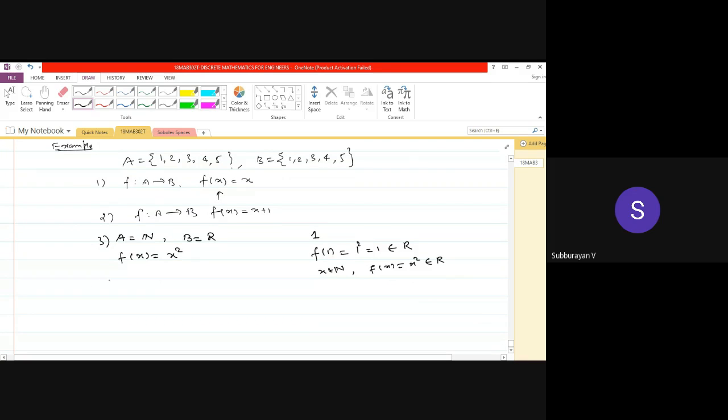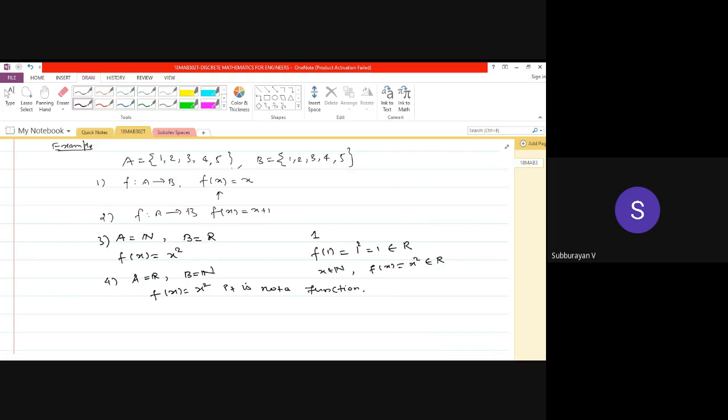Okay, fine. Whereas if we reverse it, for example, fourth one, A which is equal to set of real numbers and B which is equal to set of natural numbers, and you define f of x which is equal to x square, it is not a function. Reason? What is the reason? 0. 0, yeah, very good. 0 is a real number.